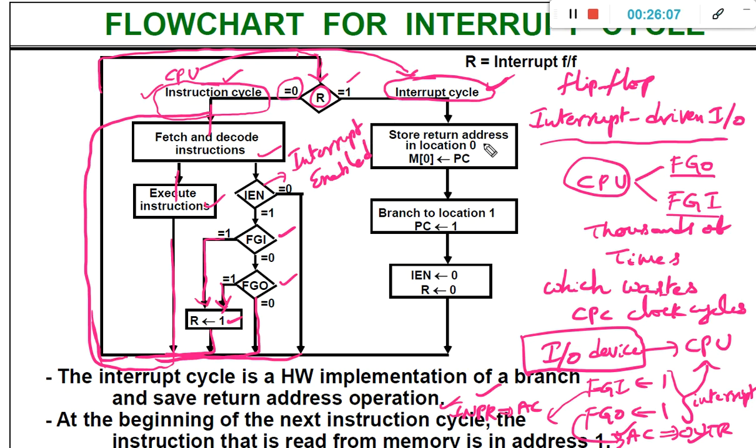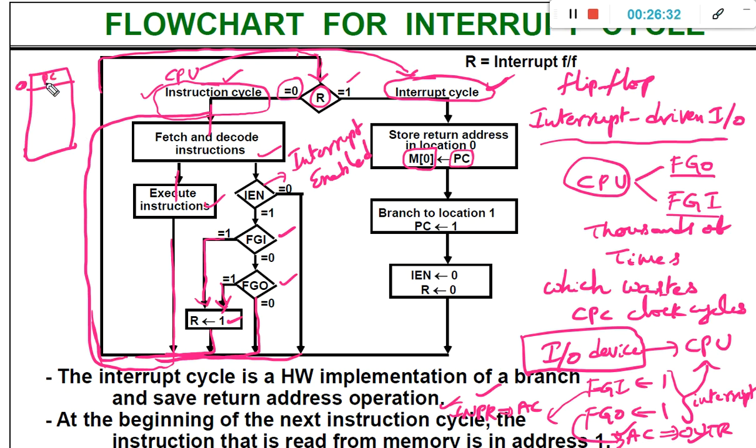So that is why it is going to store the return address in location 0. That is, we are going to save the address of the next instruction to M of 0. So in the main memory, in location 0, we are going to store the program counter value, the PC value.